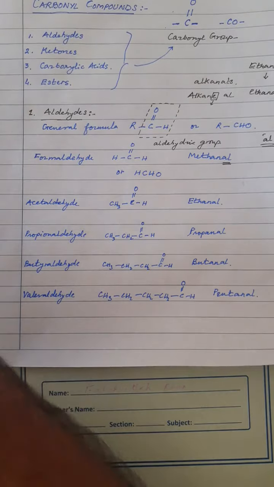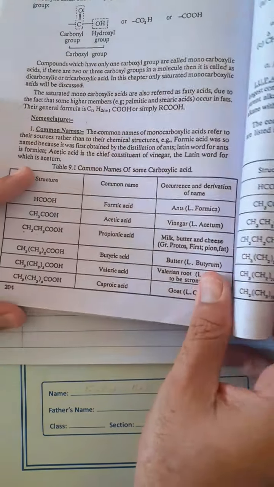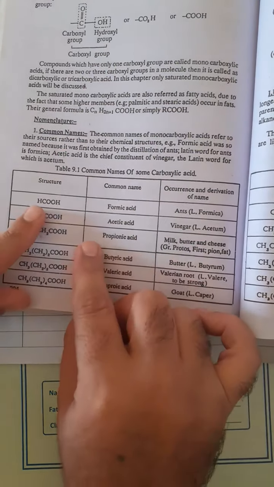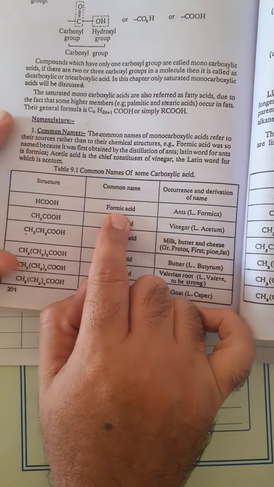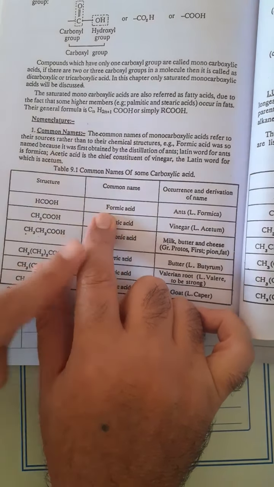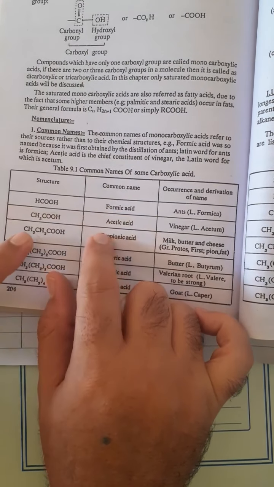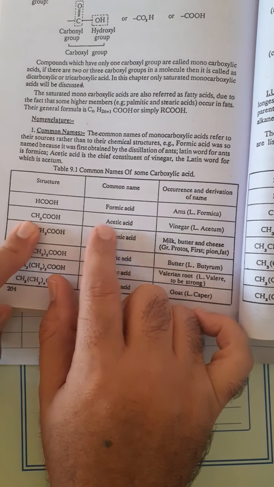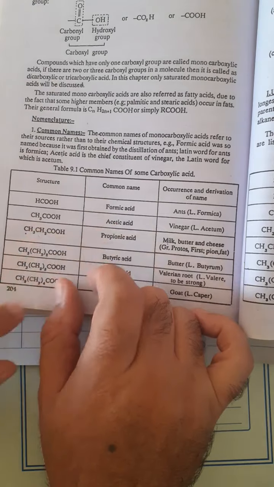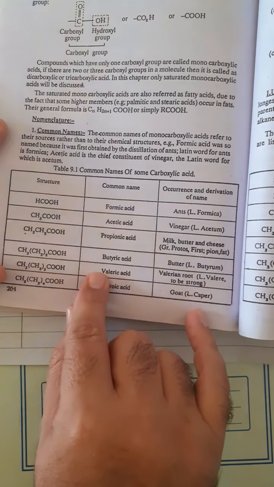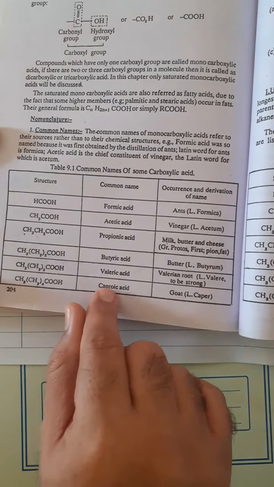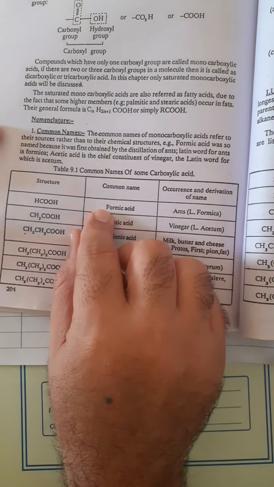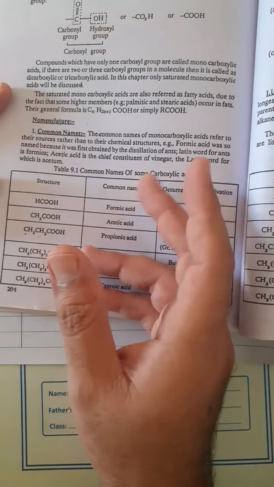So as I mentioned to you back here in your textbook, the HCOOH, the formic acid, formaldehyde gives formic acid, one carbon. Acetaldehyde gives acetic acid. You can see propionic acid is on page 204. Butyric, valeric, and caproic. Now why do we call it formaldehyde?